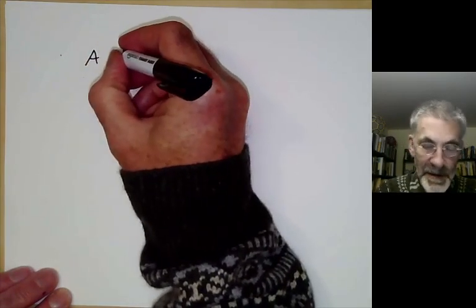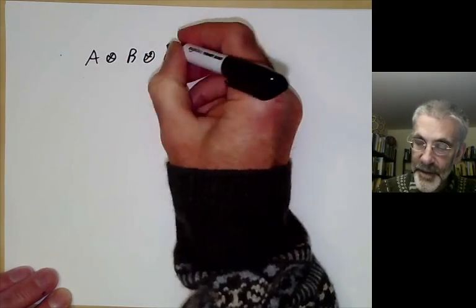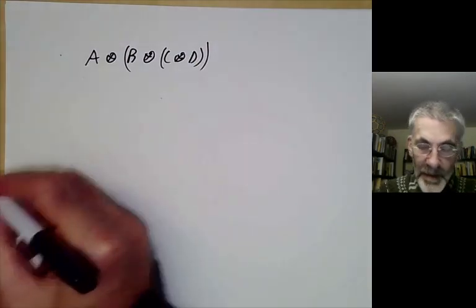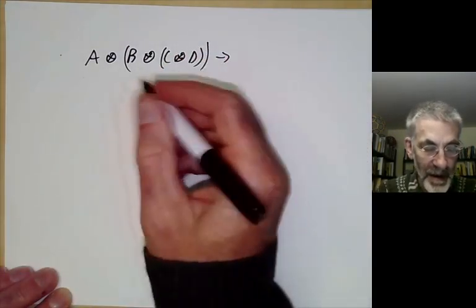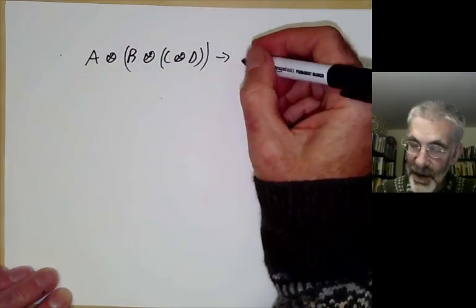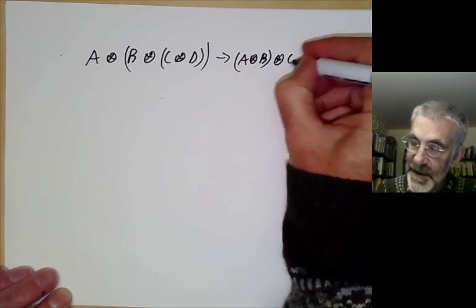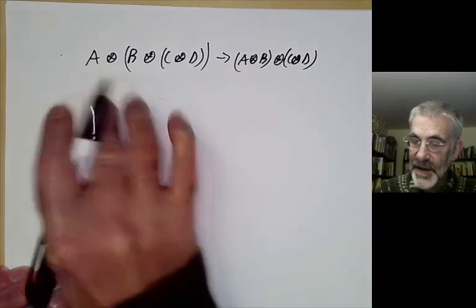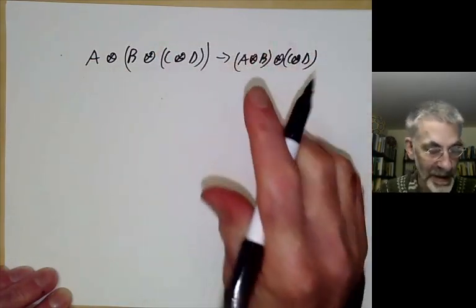For example, suppose we have A tensor B, tensor C, tensor D. And there are several things you can do with this using the isomorphism from a tensor product of three things to something else. So we could map this to A tensor B, tensor C, tensor D. So here we've got 1, 2, 3 things, and we're switching the tensor product.